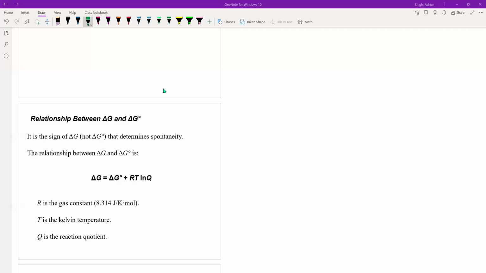All right, so now we're going to take a look at the relationship between the Gibbs energy and equilibrium. What we're going to see here are a couple of things.